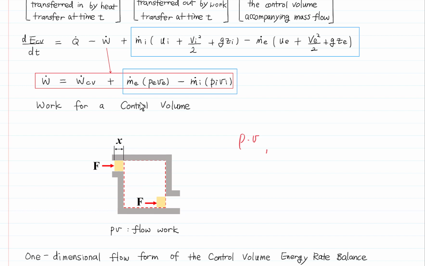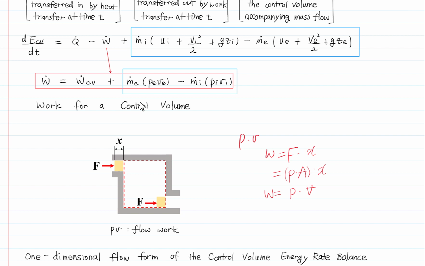So we know that work can be expressed as force times displacement. And the force in the flow work is the pressure times area. Area is the cross-sectional area of the fluid. So force times displacement, and area times displacement is volume.